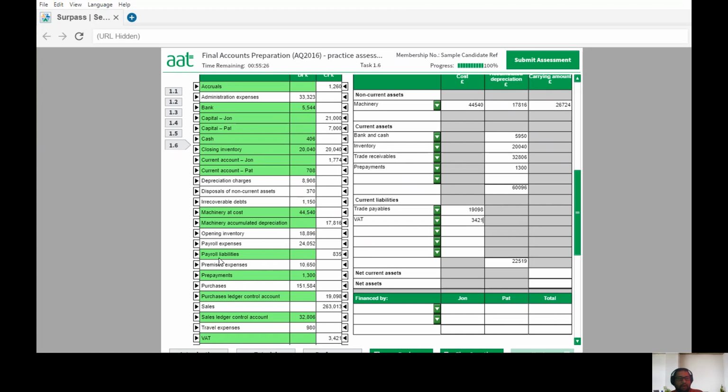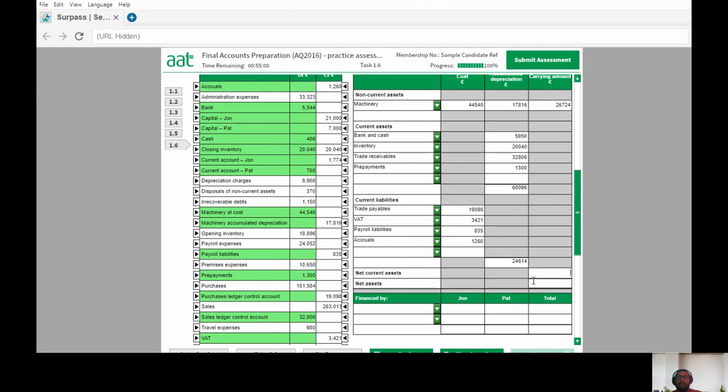And then we have payroll liabilities there. So let's find the payroll liabilities, for the amount of 835 pounds. And then you also have accruals for the value of 1,260. I'm not sure there is anything else you can add to those liabilities there. They are the liabilities I'm looking at on the current liability side.